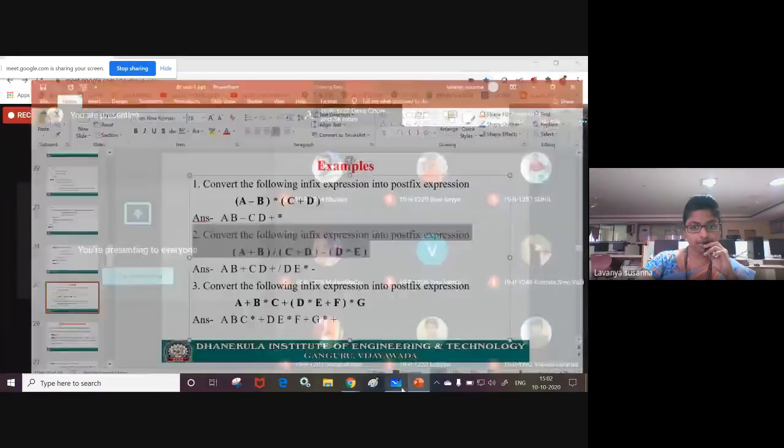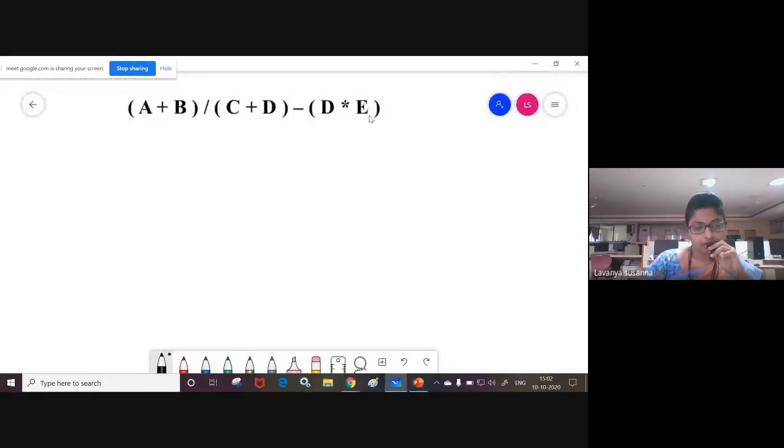Okay, let us see it. Solution. Divide the page into 3 columns, students.